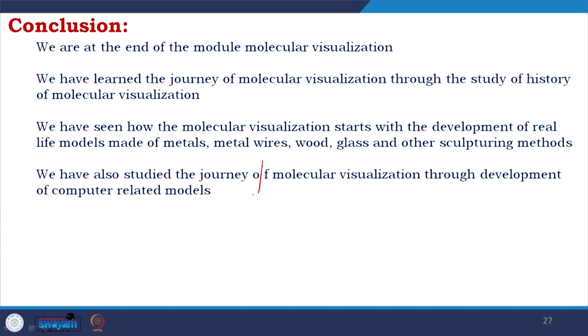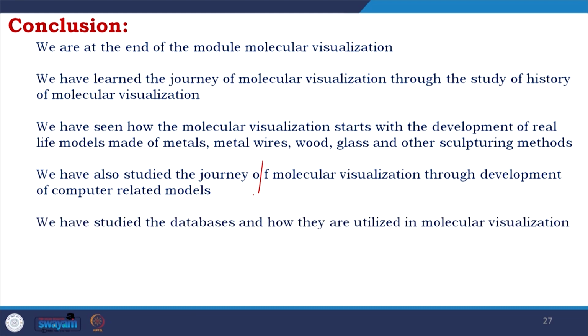Then we have changed from the journey of sculpturing to the computer related models. We have studied the databases like PDB, PDBe, PDBj, the NMR database, the electron microscope database, the nucleoside database, all merged together into the global PDB now, and what types of files they have: the PDB file, the mmCIF file, the MTZ file, the XML file, the FASTA file, all types of files and their importance we have studied.